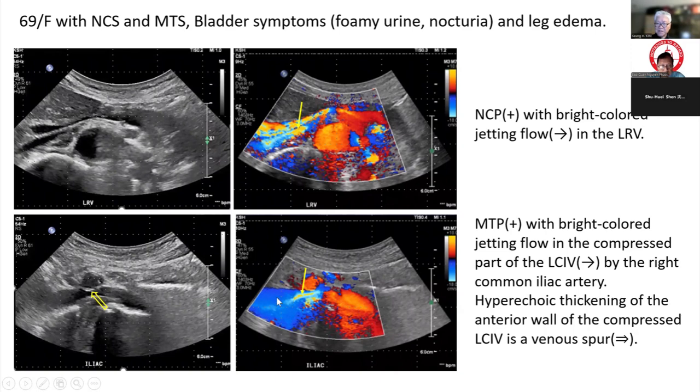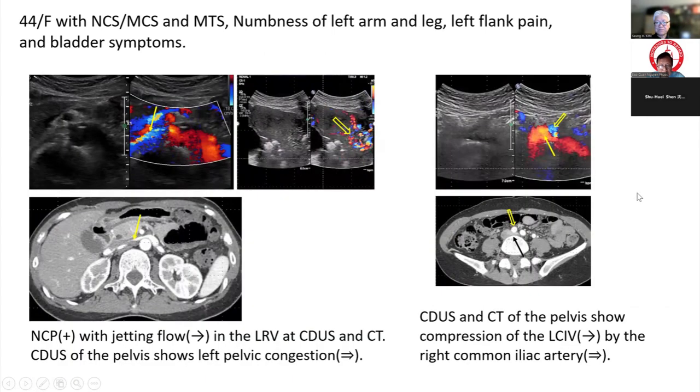But in the common iliac vein, it is not easy to make an optimal Doppler angle to measure the flow velocity. So we usually observe this compression and its effect using color Doppler ultrasound.